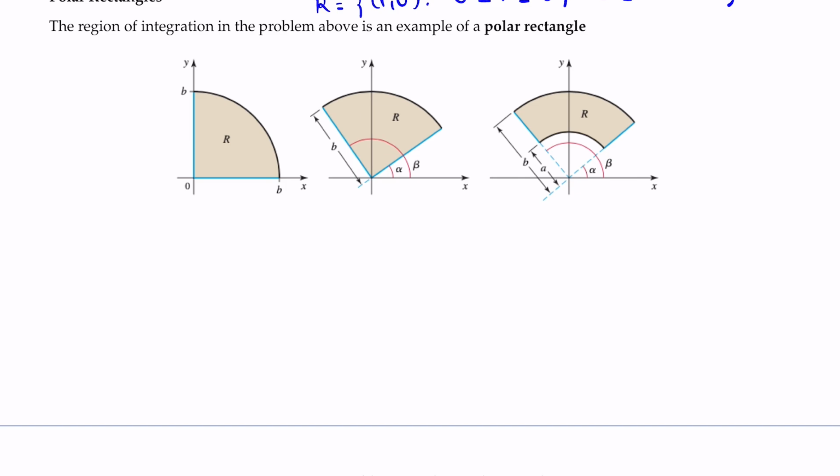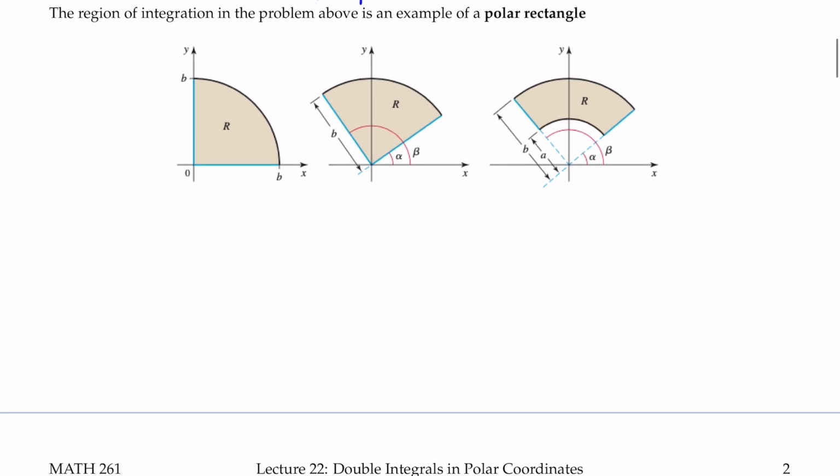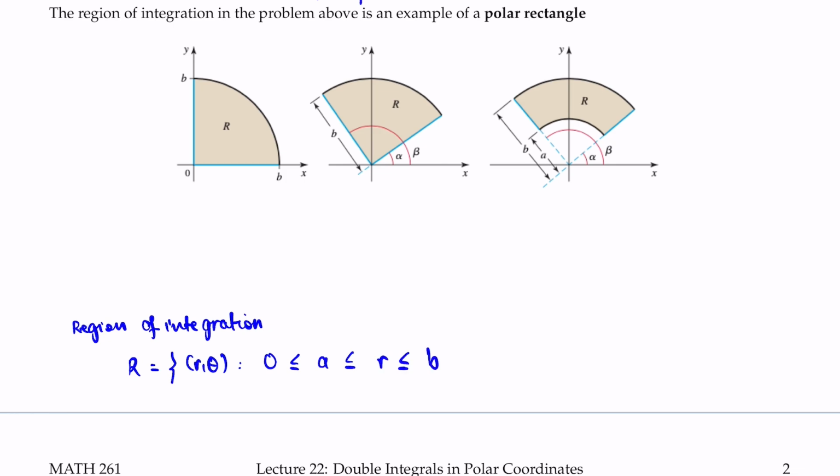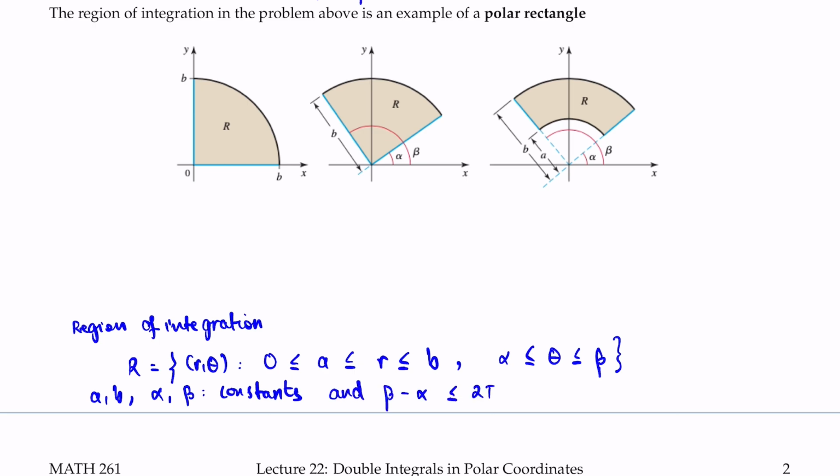So in the polar coordinate system, the region of integration R has the form: the set of points r comma theta such that r is bounded by a and b, where a has to be a non-negative number, and theta is bounded between alpha and beta, where a, b, alpha, and beta are constants, and beta minus alpha has to be less than or equal to 2 pi.